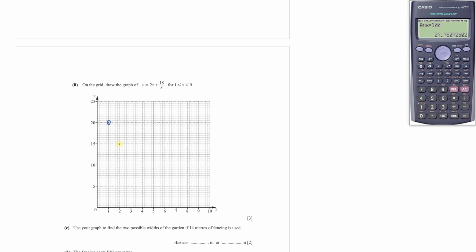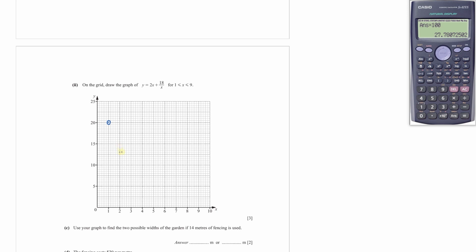So this is 15, and there are 5. The value changes by 5, and there are 10 blocks. So that means each small block represents a value of 0.5. So 2 small blocks will be 1. So this is 15, this is 14, and then 2 blocks more, this will be 13.